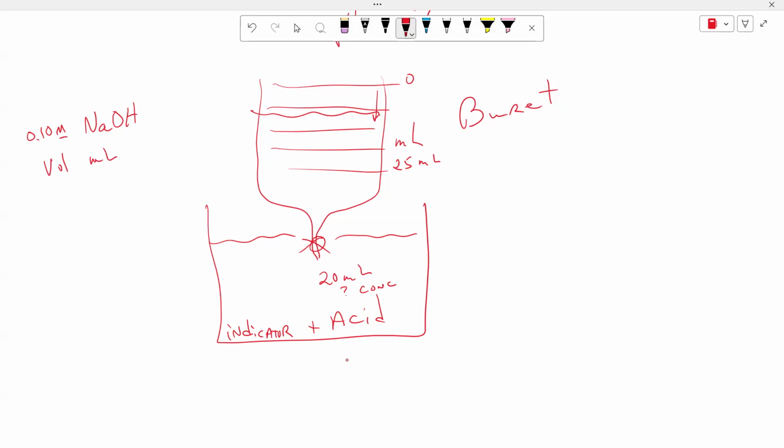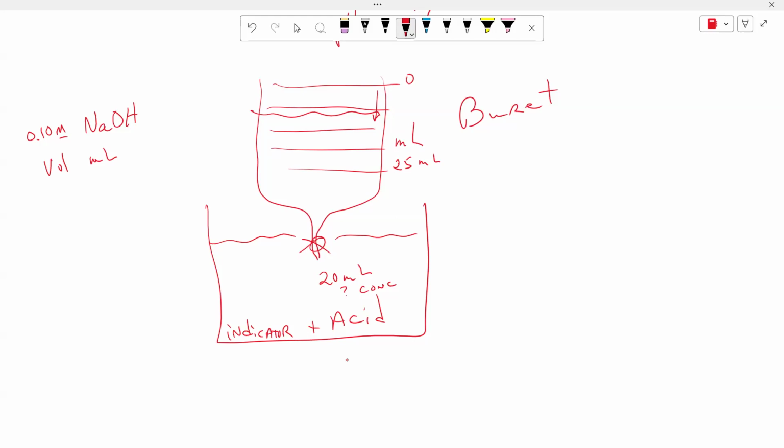Okay, so normally with titrations, we want to calculate the unknown acid concentration. That'll be the second part of your lab coming up. In fact, you're going to be titrating vitamin C tablets. So you want to know the concentration of the vitamin C tablets.